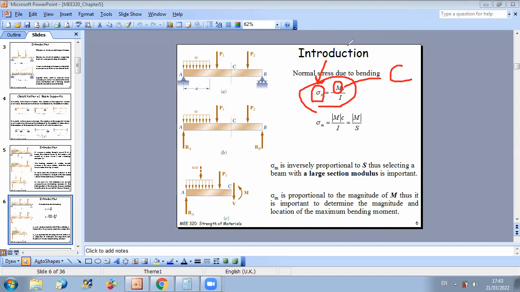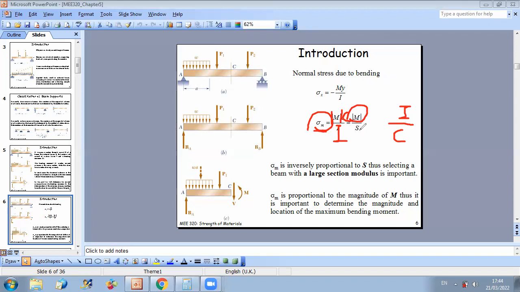So sigma maximum corresponds to the absolute value of the bending moment times c over I, and we define a modulus S, the section modulus, equal to I over c. So as you can see here, there are two main factors affecting the value of stress, which are the value of the bending moment and the section modulus S of the beam.